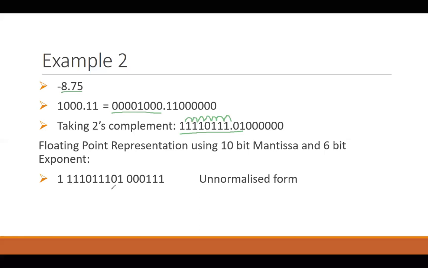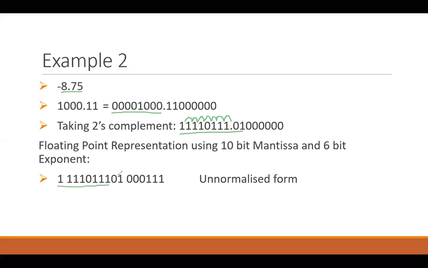Now you can see what I meant when I said that if I have fewer bits for the mantissa, the accuracy of my value would be compromised. For example, if I had only 8 bits for the mantissa, I would be able to represent only this much of the value.